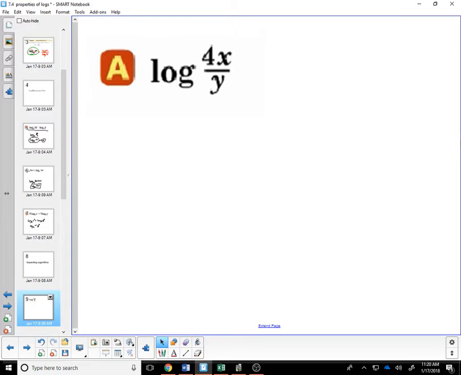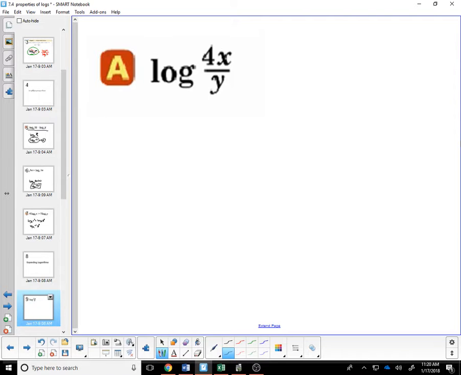Let's clear that up. So here we have a quotient. Because it is a quotient, I can write these as a difference, aka subtraction. Now, before someone asks, the order does matter.